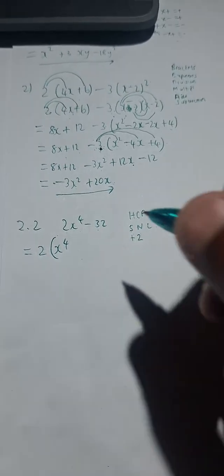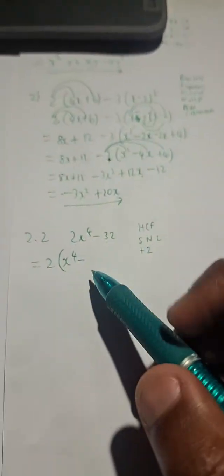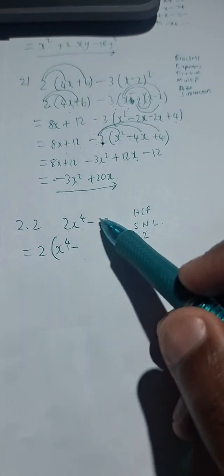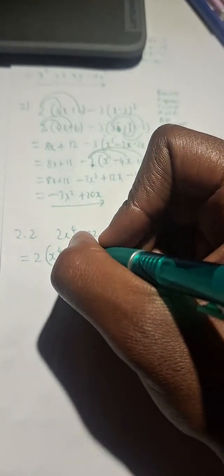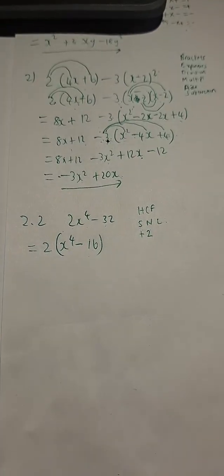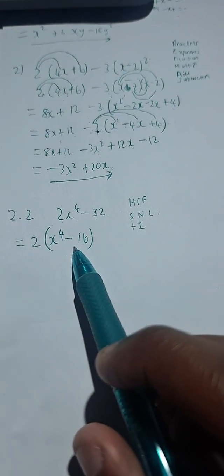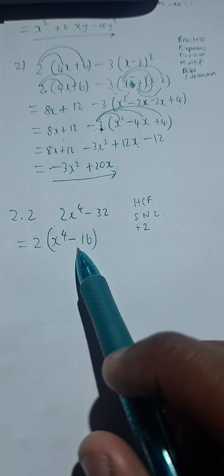A positive times what gives us a negative? It's a negative. 2 times what gives us 32? Or we could say what's 32 divided by 2? That gives us 16. So that's negative 16. Very good, guys. You are 100% correct.